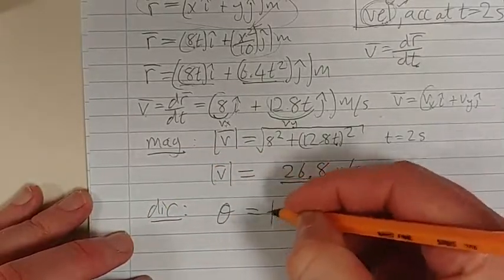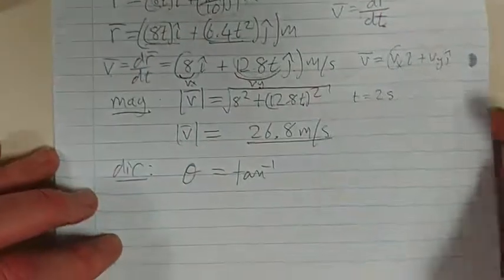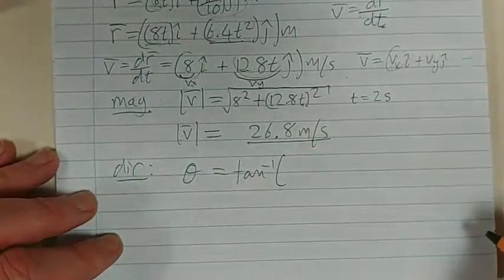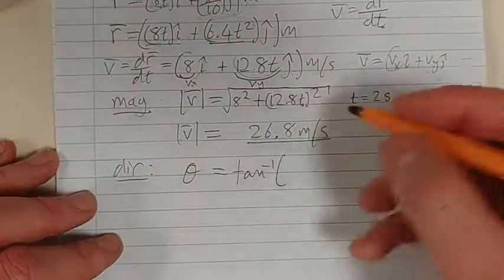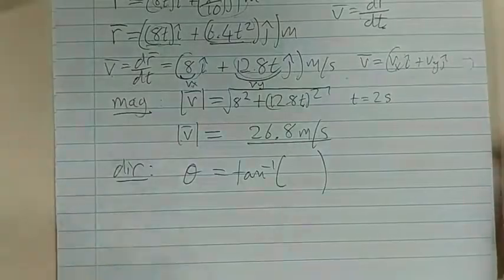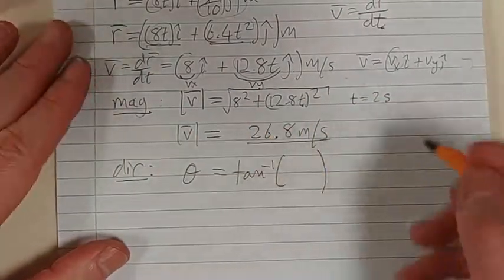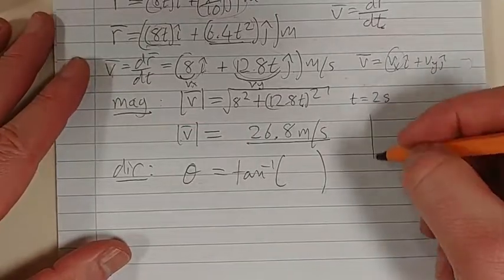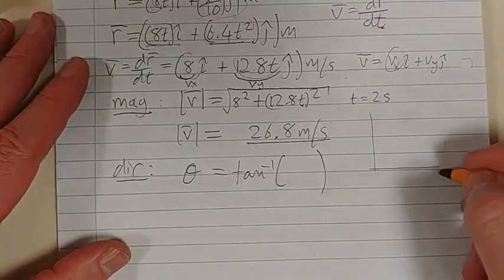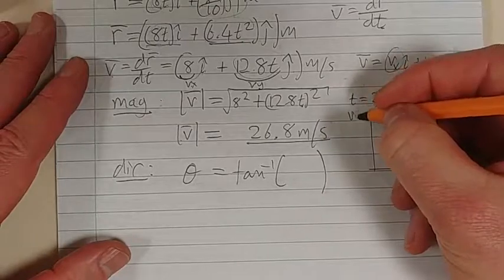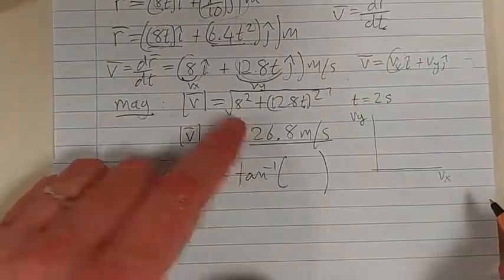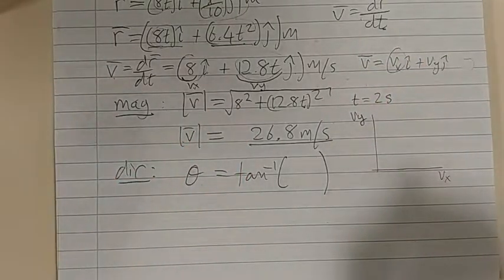Theta is tan to the -1 of... okay, maybe I should just quickly draw the velocity vector diagram. Always do this. There's my Vx, there's my Vy. What is my Vx at t equals 2 seconds?